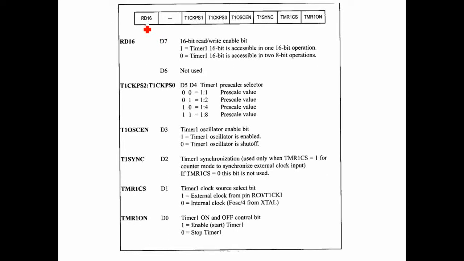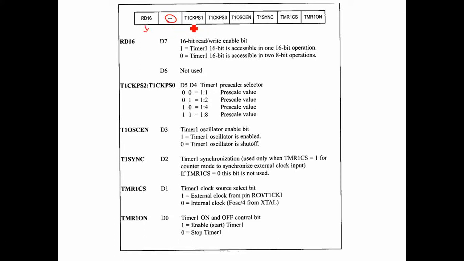So of course we have a 16-bit mode of operation, so it can be accessed either in one 16-bit operation or in two 8-bit operations. D6 is not used, or you may think of it as kept aside for future reference.